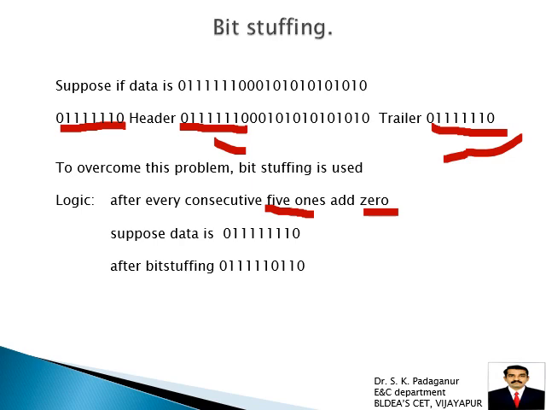Suppose the data is like this: 0, then 7 ones, and then 0.